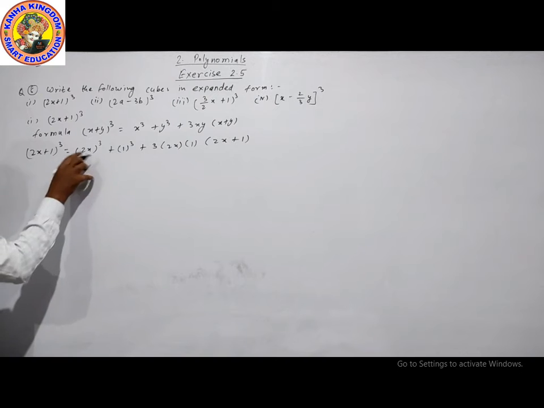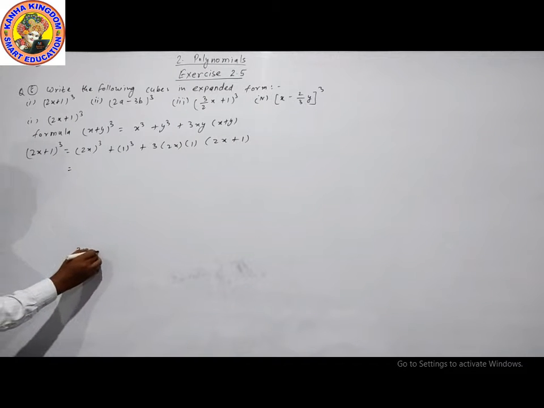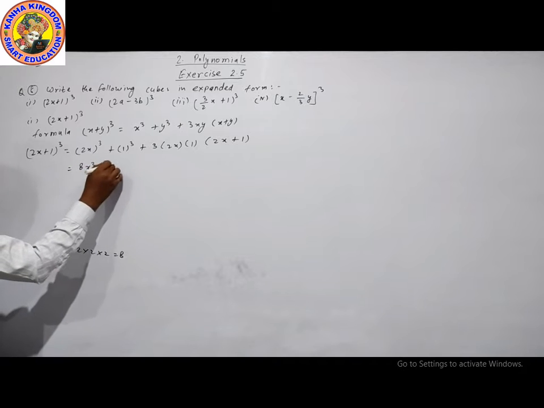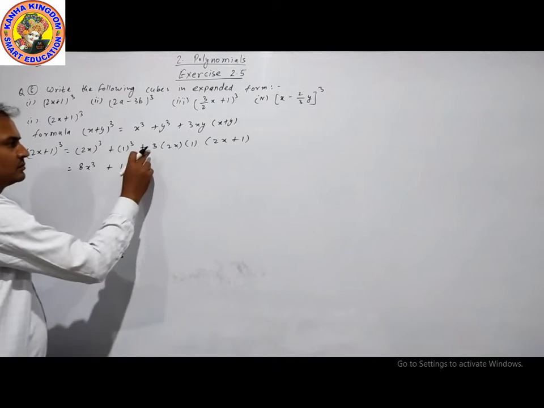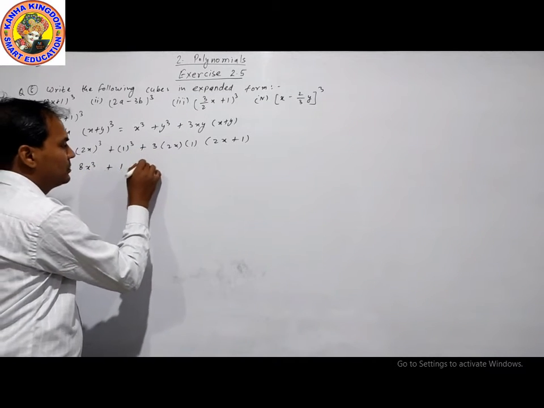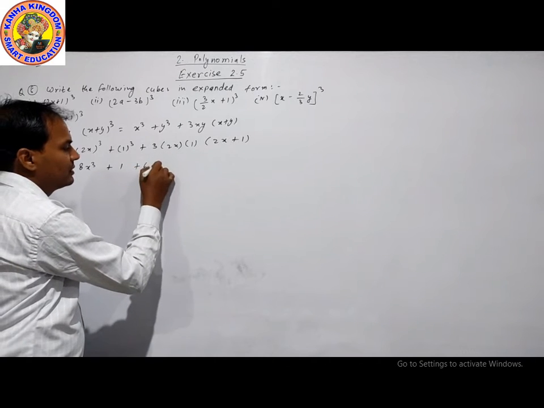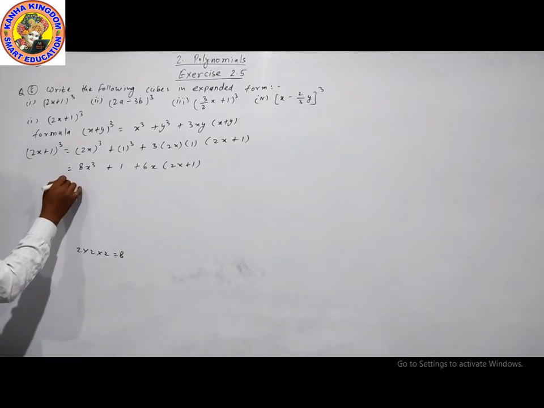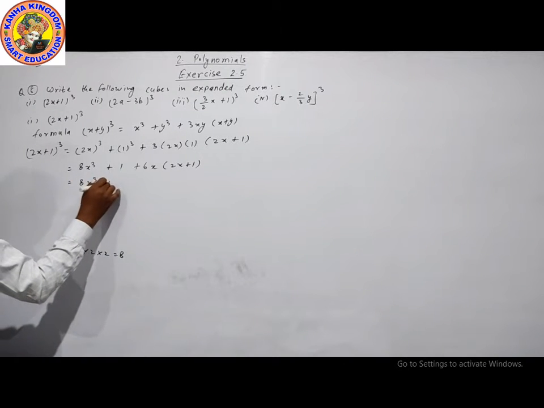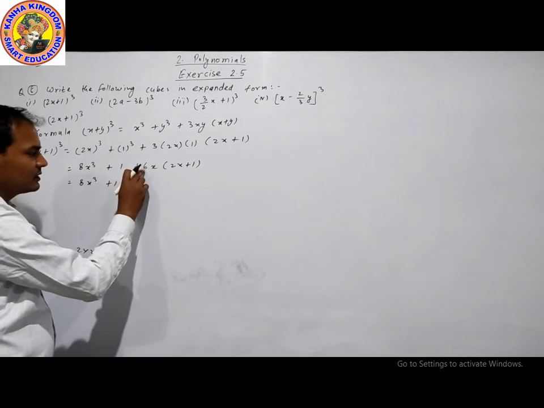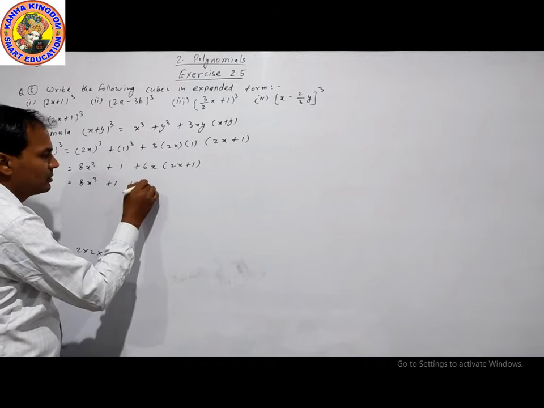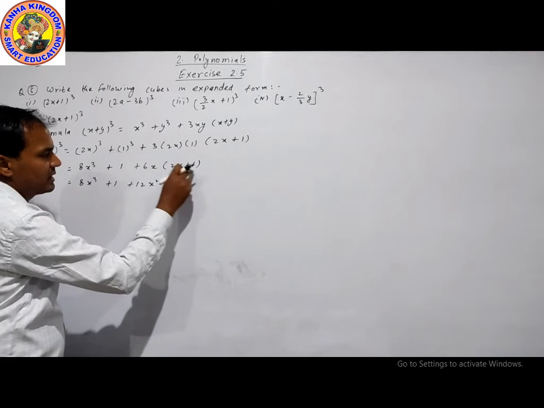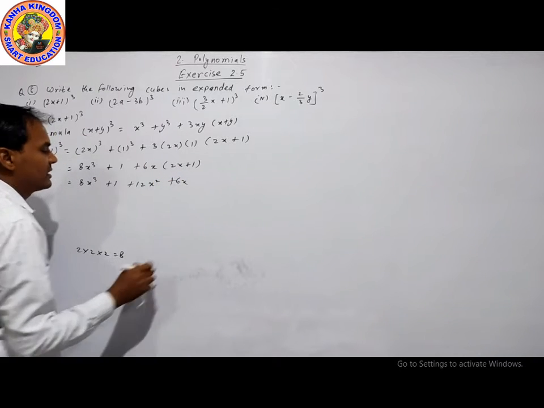Now taking cube, 2 cube, 2 into 2 into 2, the answer is 8x cube, 1 cube is 1, 3 into 2 is 6x, (2x plus 1). Now opening the bracket: 8x cube plus 1 plus 6 into 2 is 12, x into x, x square. Now 6x into 1 is 6x.